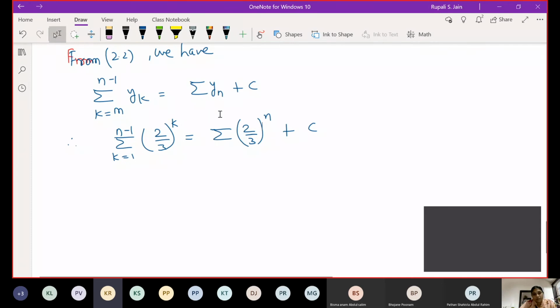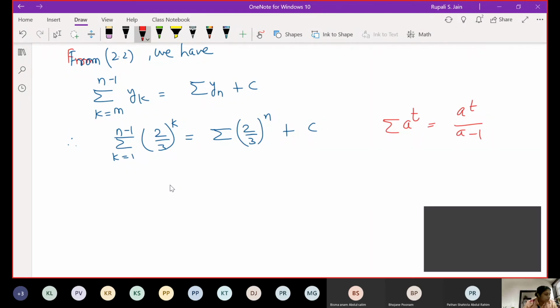Now, what is the indefinite sum of 2 by 3 raised to n? What is summation a raised to t? A raised to t upon a minus 1. This we have already proved in a theorem.